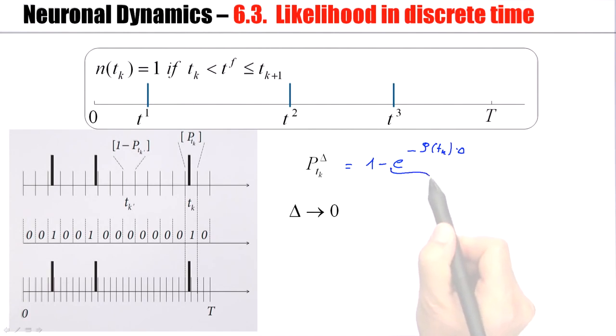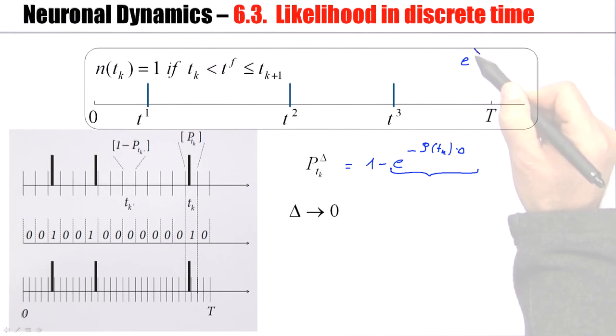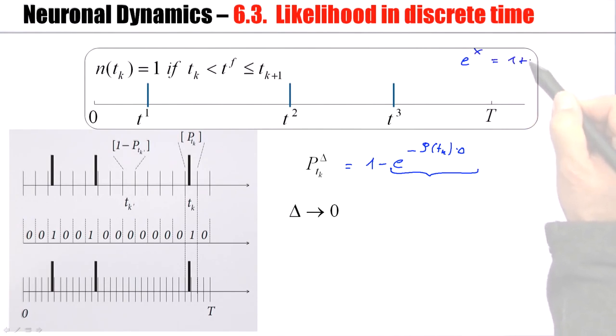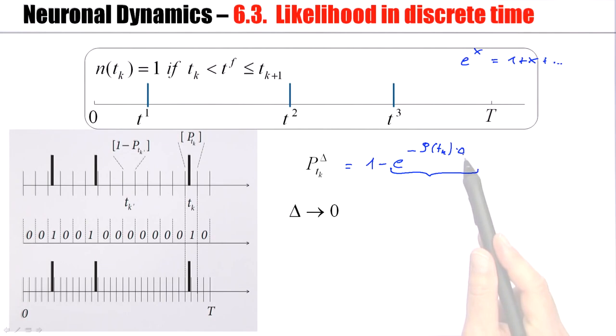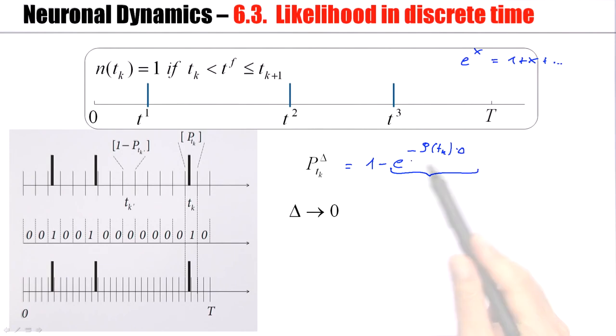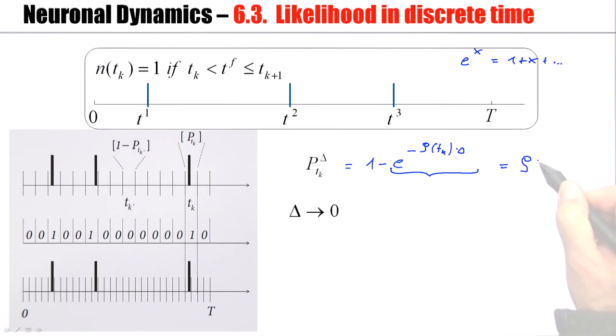Now, the Taylor expansion of e to the x is something like 1 plus x plus a term x squared and so forth. So if x is small, and that's the case if I take delta very small, I can use this Taylor expansion and I arrive at rho of tk times delta, which becomes valid if delta gets very small.